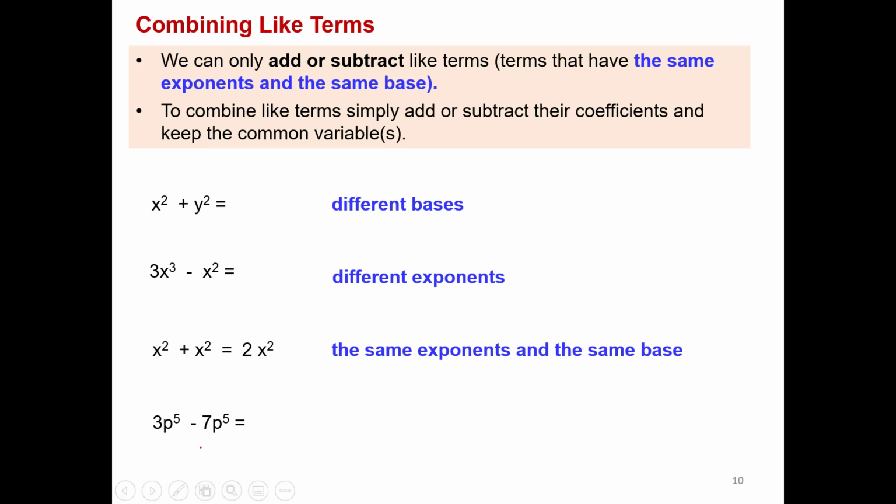The answer is yes, we can combine, because we have the same variable and the same exponent. It's p to the 5. Then 3p to the 5 minus 7p to the 5 will be 3 minus 7, which is negative 4p to the 5. We subtract the numbers and we keep the common variable. And it's minus 4p to the 5.